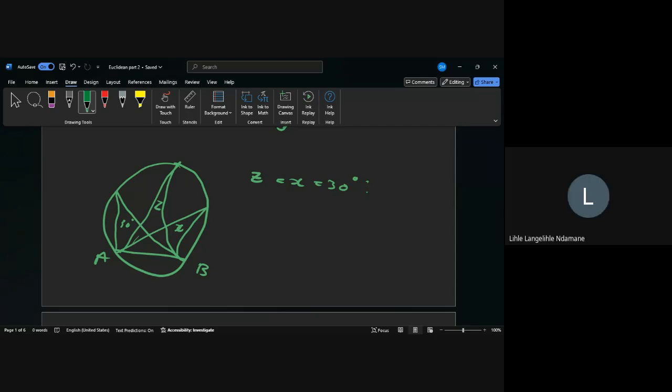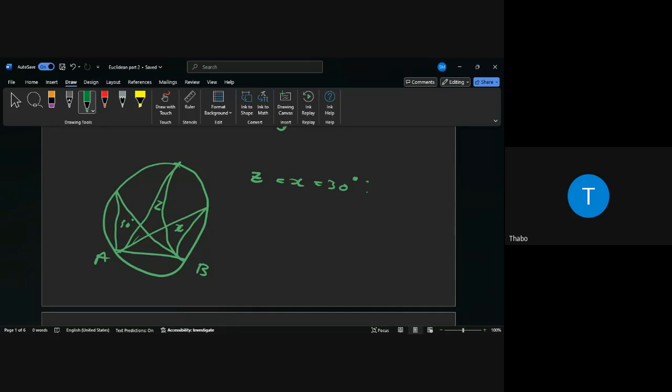Angles that are subtended by the same arc. Now this time it's a chord. But what's the reason I told you to write? Yes, true. They're equal because the angles subtended by the same chord at the circumference. Very important.